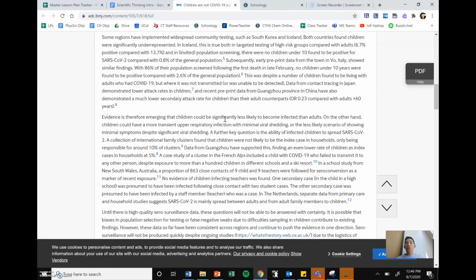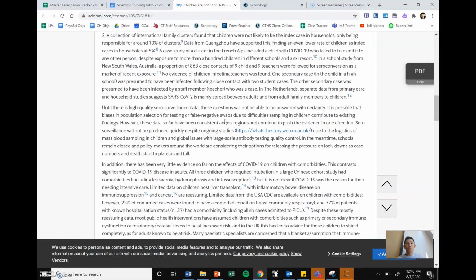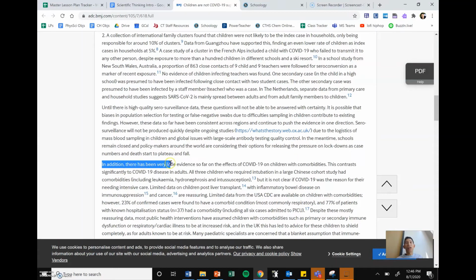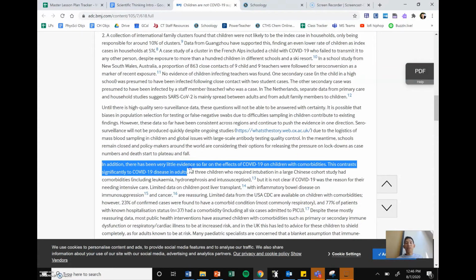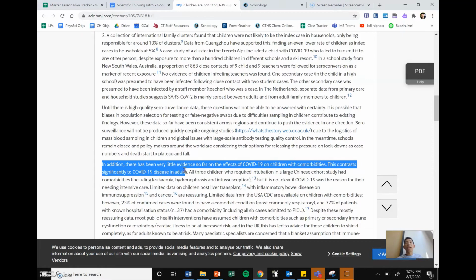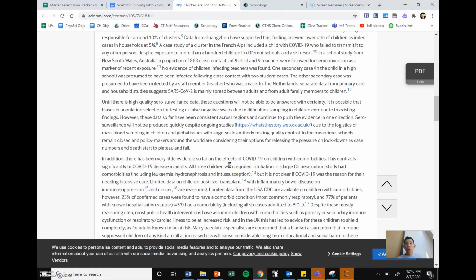Now, if you were to read through this article, what you would find is they cite a lot of research. In addition, for example, there's been very little evidence so far on the effects of COVID-19 on children with comorbidities. This contrasts significantly to COVID-19 disease in adults. All three children who required intubation in a large Chinese cohort studied had comorbidities.